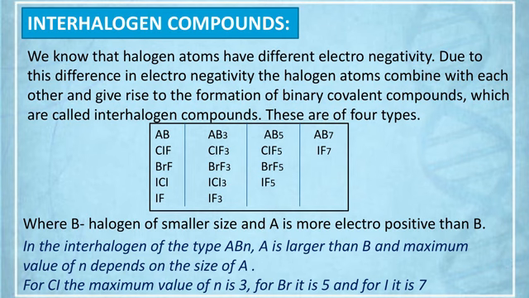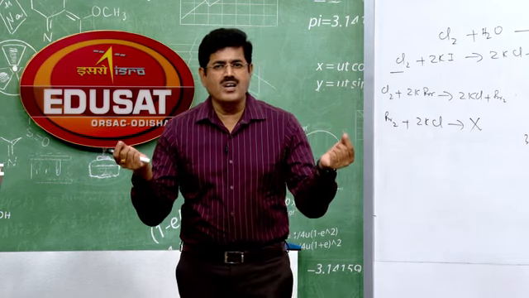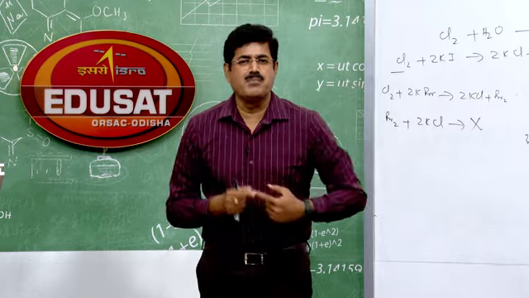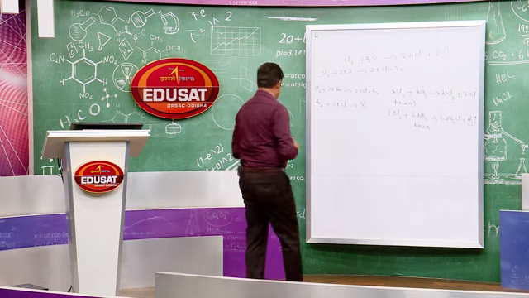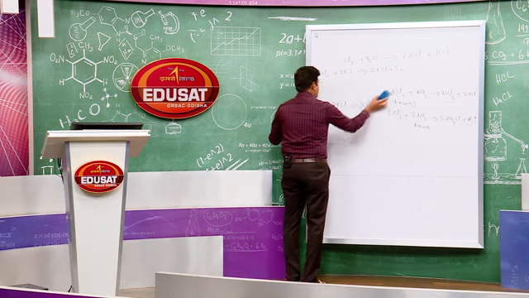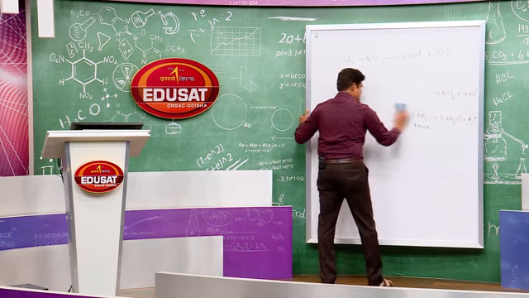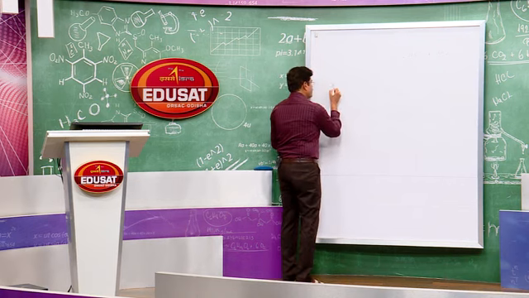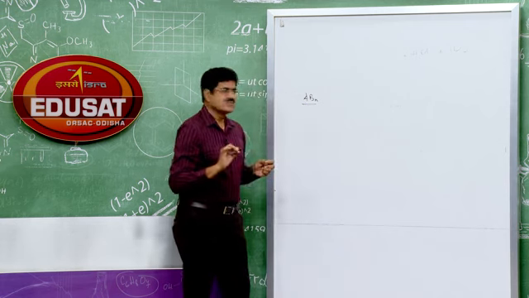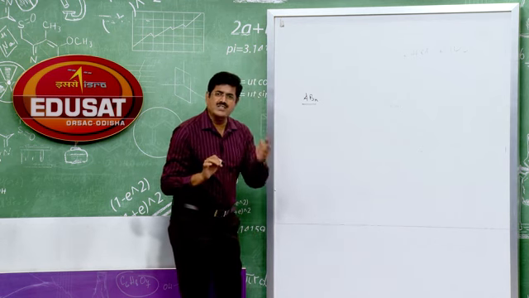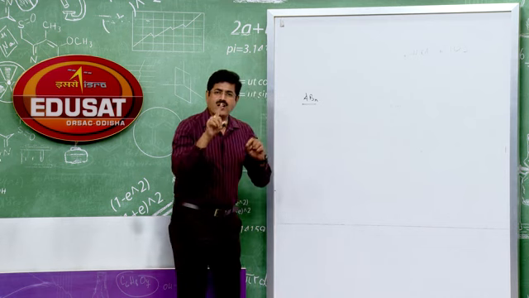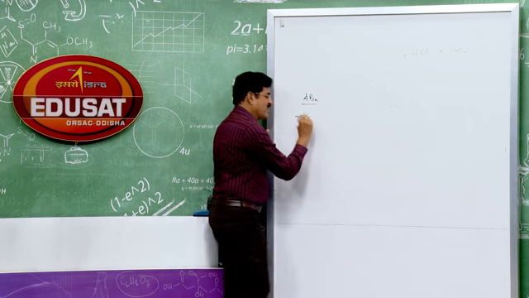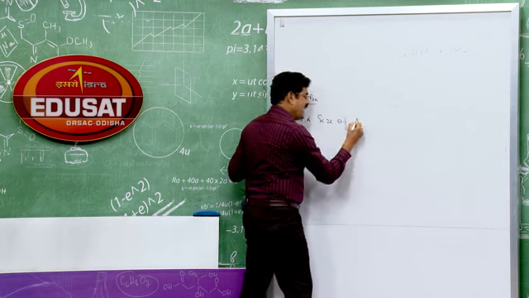Due to their small difference in electronegativity, halogens can combine with each other to form compounds of the type ABn, where the size of A is bigger than the size of B. Both A and B are halogens, but the size of A must be greater than the size of B, and the value of n depends on the size of A. n is directly proportional to the size of A.